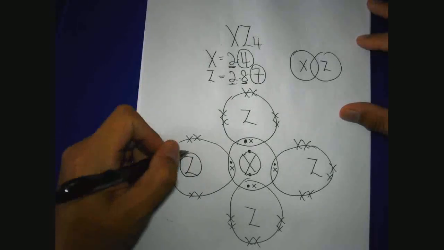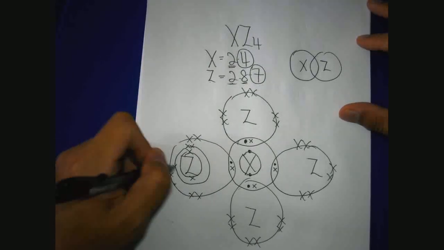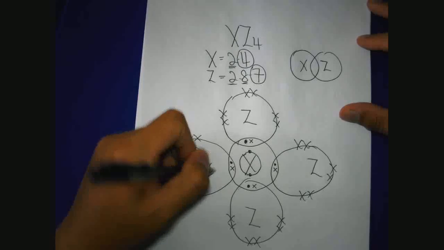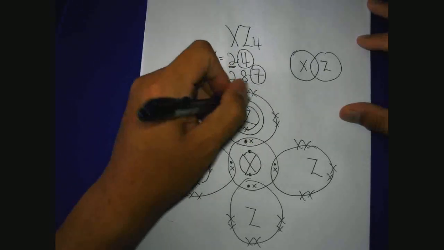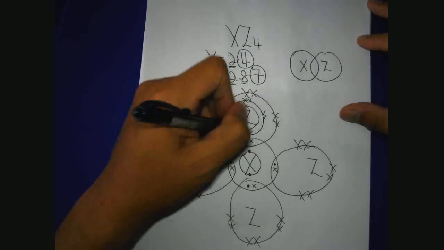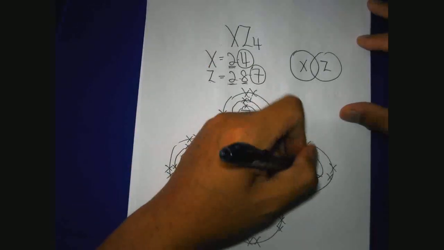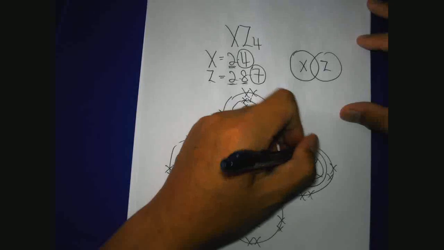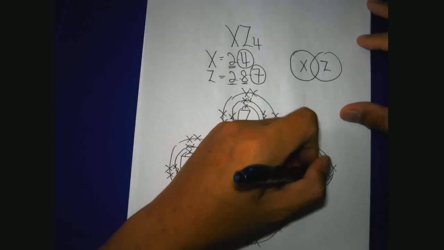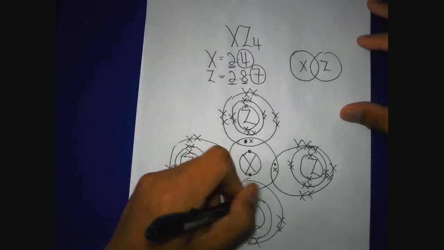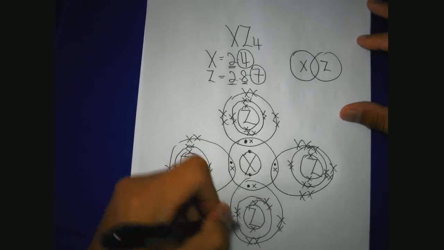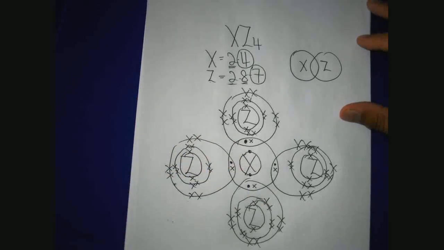So you draw 2 more circles inside, which is 2 and 8. Okay, so this is the diagram.